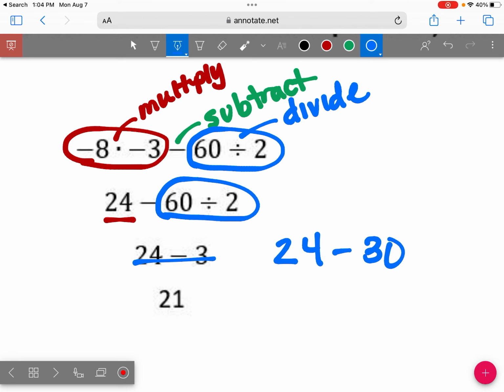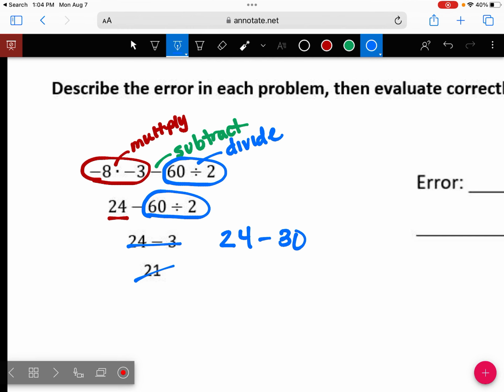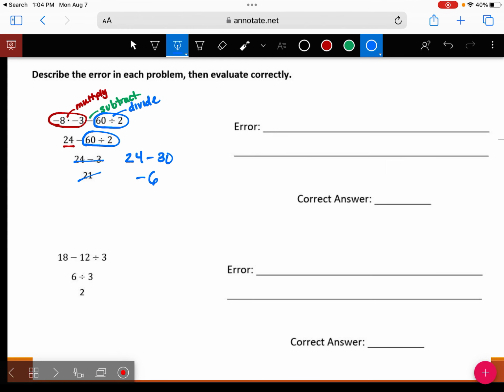So what is 24 minus 30? -6. So the right answer is -6.